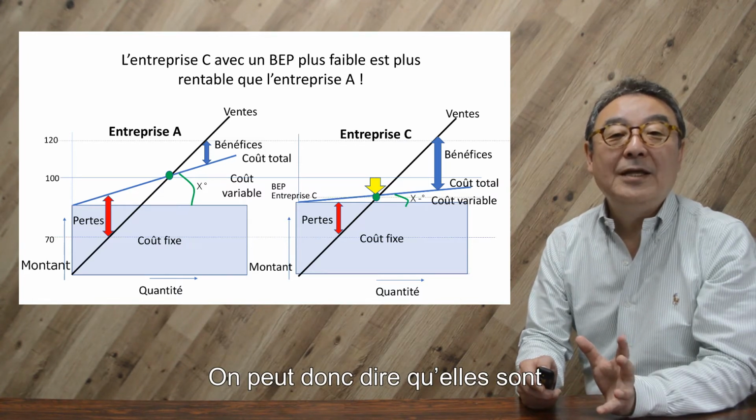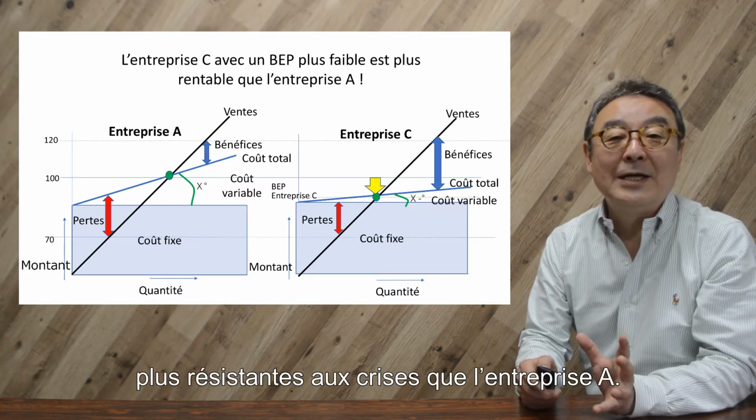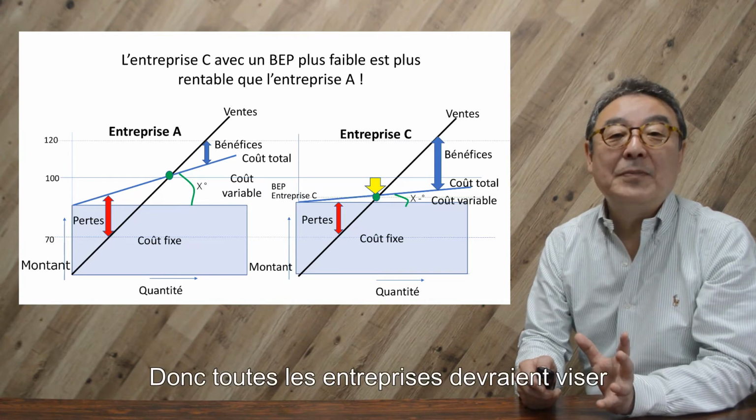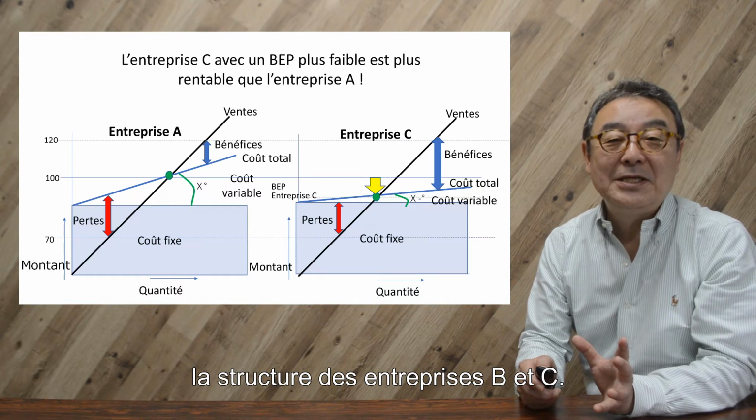So we can say they are stronger than A company in a crisis. So every company should aim for the structure of B and C.